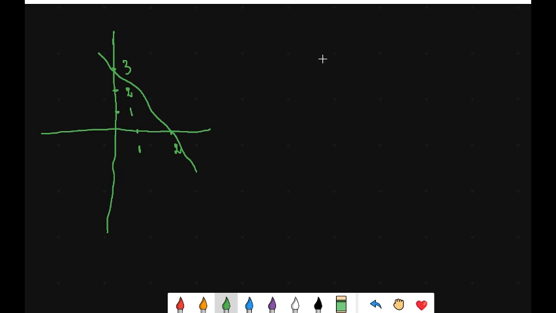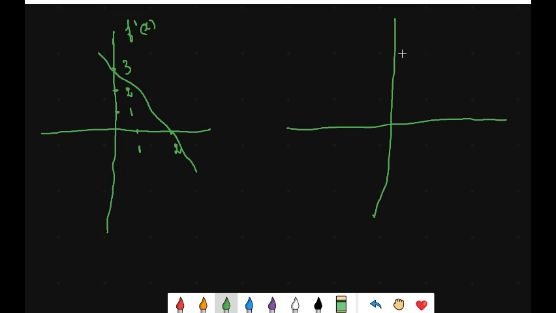Okay, so how do we draw this graph? So this is obviously the derivative graph, f dash of x. Right? So here, let's start with, so I draw my y-axis and x-axis.